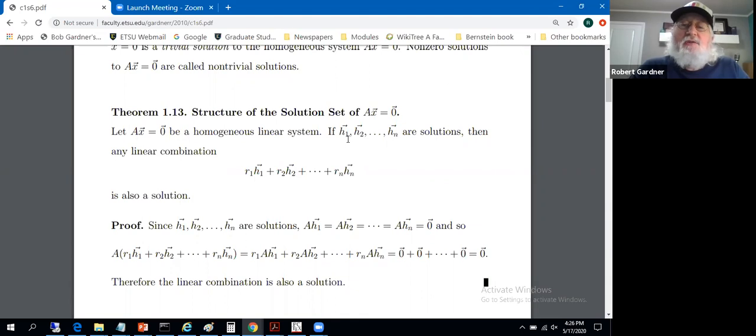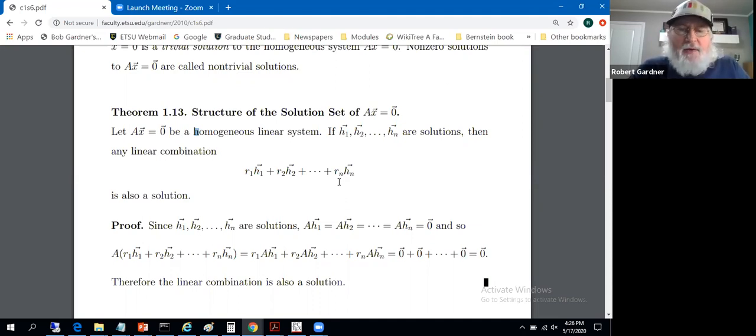Using H's here for the solutions because we're talking about a homogeneous linear system of equations. Okay, so in the homogeneous case, linear combinations of solutions are solutions.